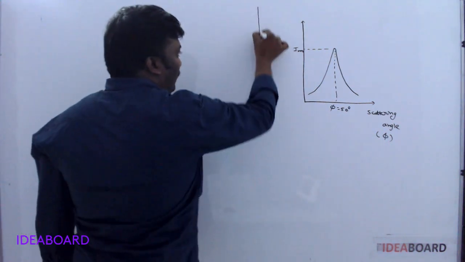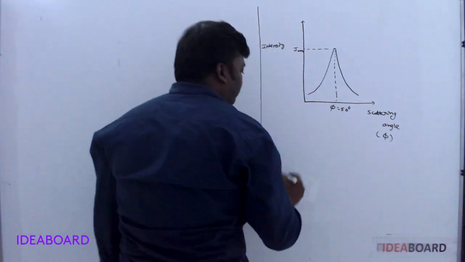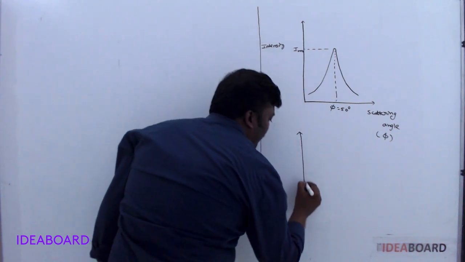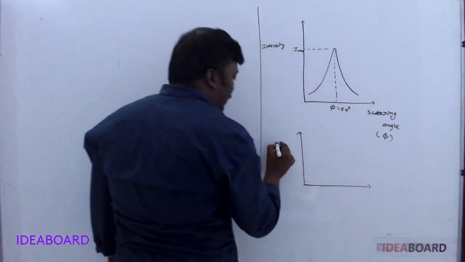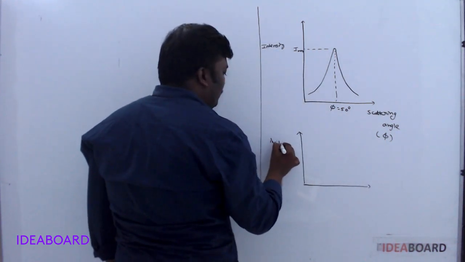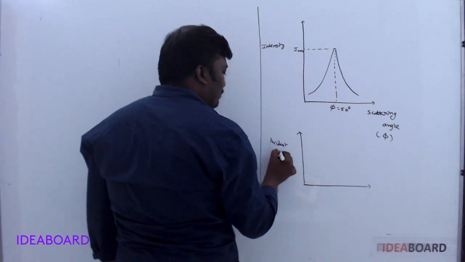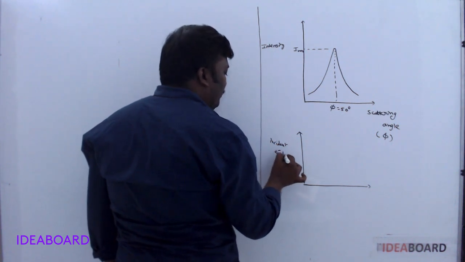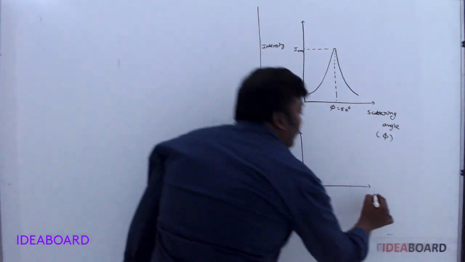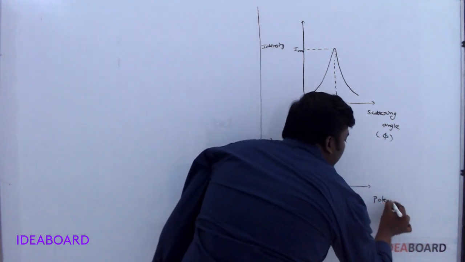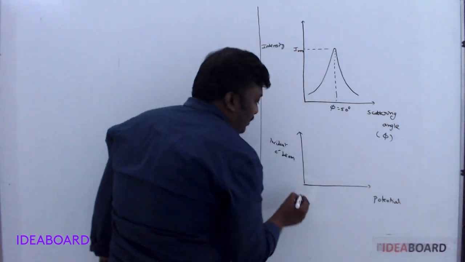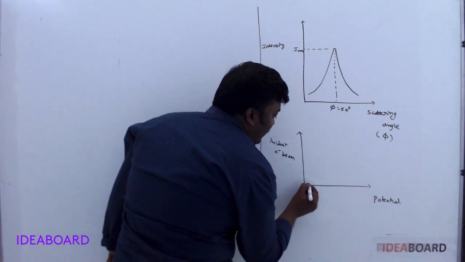Okay, if the graph is drawn between the incident electron beam and potential, the graph will come in this way.